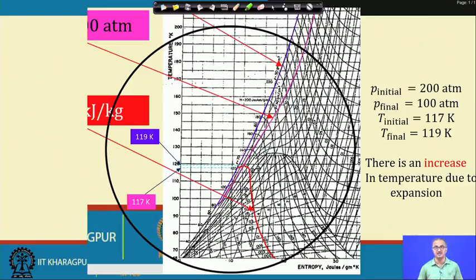With respect to the TS diagram, the zone where mu JT is more than 0 is always on the right hand side of the maximum, whereas the zone where mu JT is less than 0, that is, increasing temperature with decrease in pressure, is always on the left of the maximum on the isenthalpic curve. So on expansion, this nitrogen gas is getting heated up from 200 atmosphere to 100 atmosphere for this particular enthalpy.